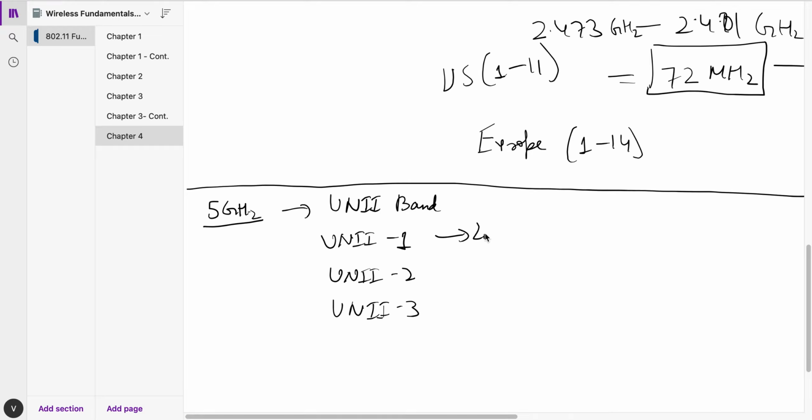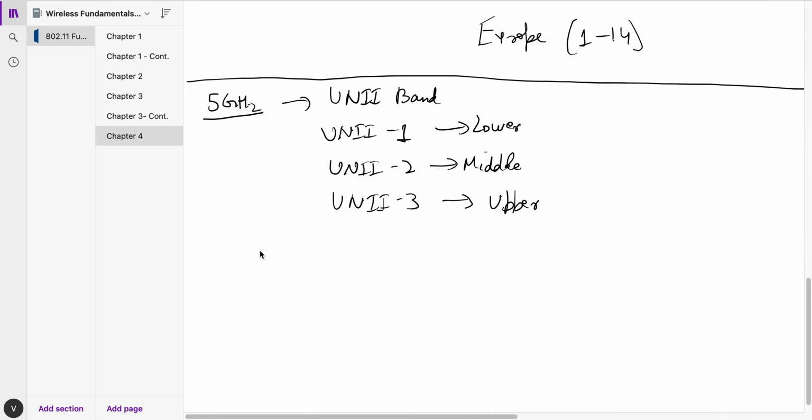UNII 1 is also known as the lower band. UNII 2 is known as the middle band. And UNII 3 is known as the upper band. Anyway, when we got these three bands, we were a little more greedy.